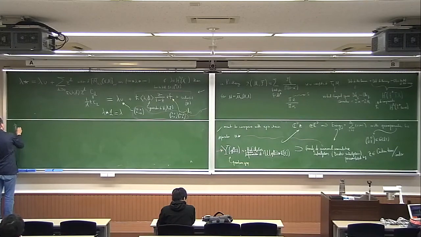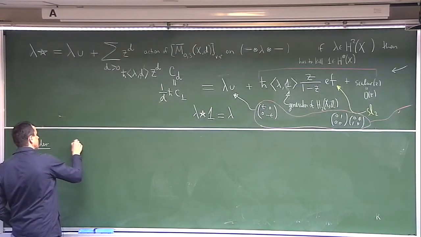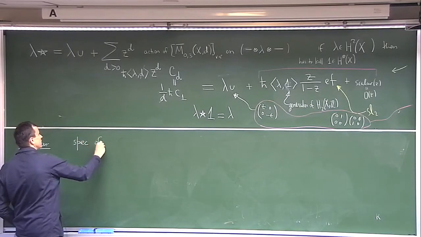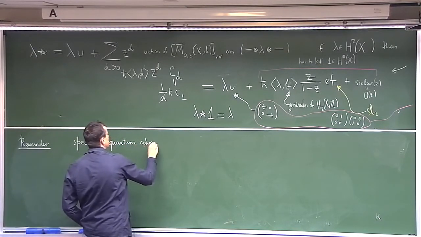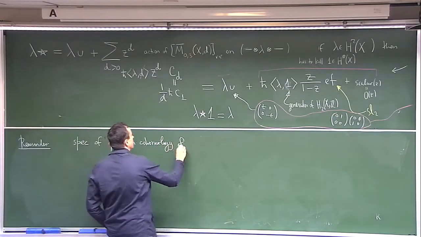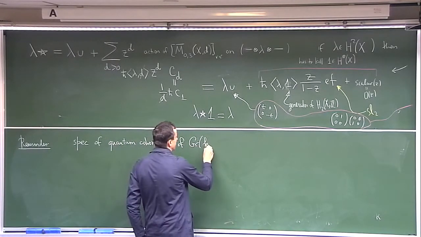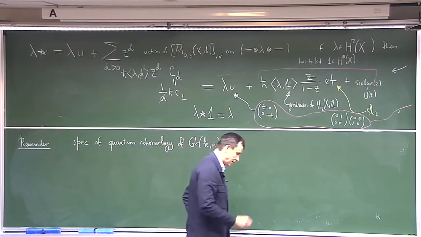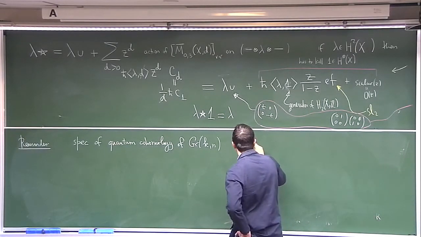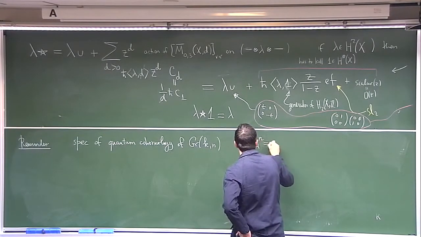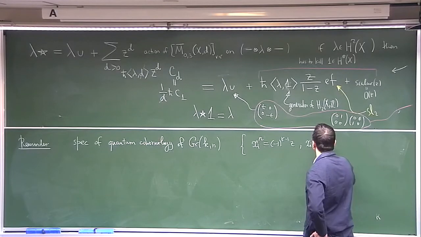So a reminder. If I take the spectrum of quantum cohomology of the Grassmannian itself, Gr(k,n), this was given by the equations where I have some variables x_i, which raised to the power n were given by (-1)^(k-1) times z, and the condition that x_i, x_j are distinct.